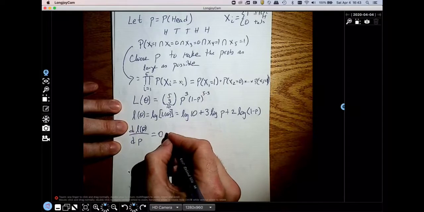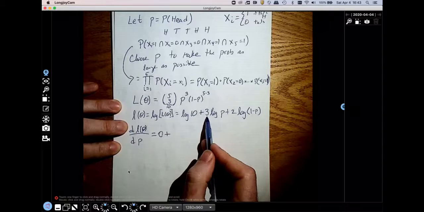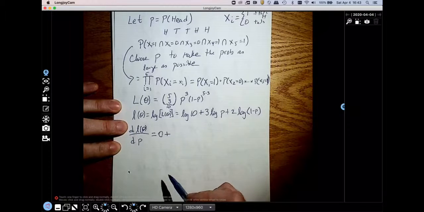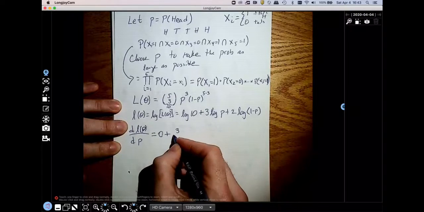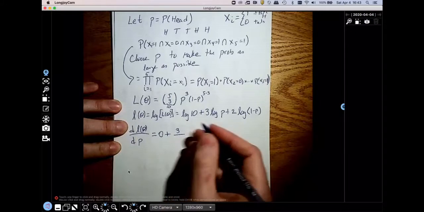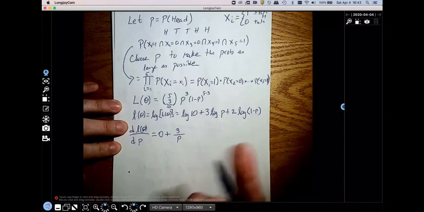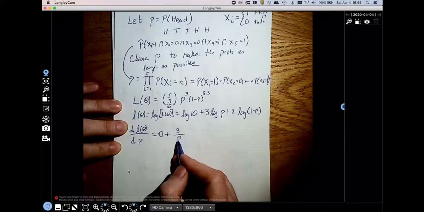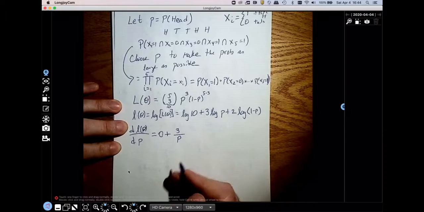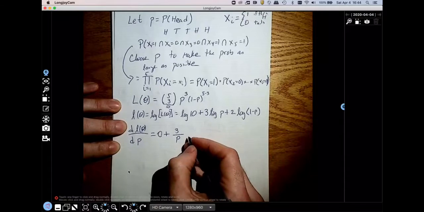All right. Let's go take the derivative of 3 log p. So that's going to be 3. What is the derivative of log p? Well, the derivative of the log is 1 over p times the derivative of p, which is 1. So we're using the chain rule there. So the derivative of this term is just 3 over p. And let's go do the last term.